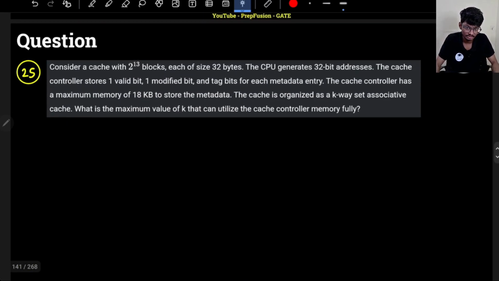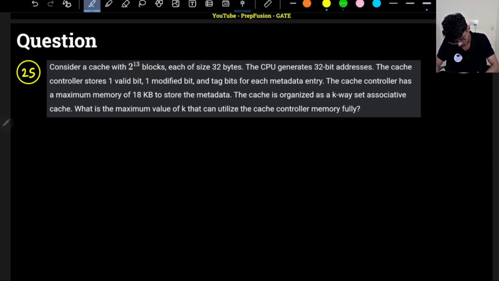Let's do the last question of today's lecture. In this question we have to consider a cache with 2 raised to power 13 blocks. So if it has 2 raised to power 13 blocks, is it a direct map? No, it is not direct map.